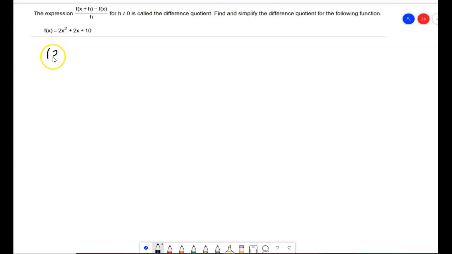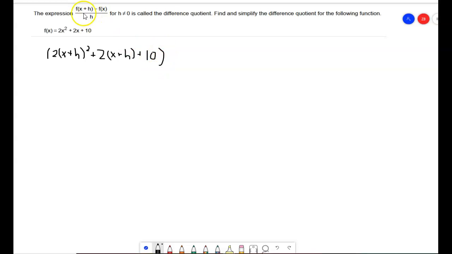So this is going to be 2, instead of an x, I'm going to put x plus h, squared, and then plus 2, once again there's an x there, so that tells me to replace it with an x plus h, and plus 10.